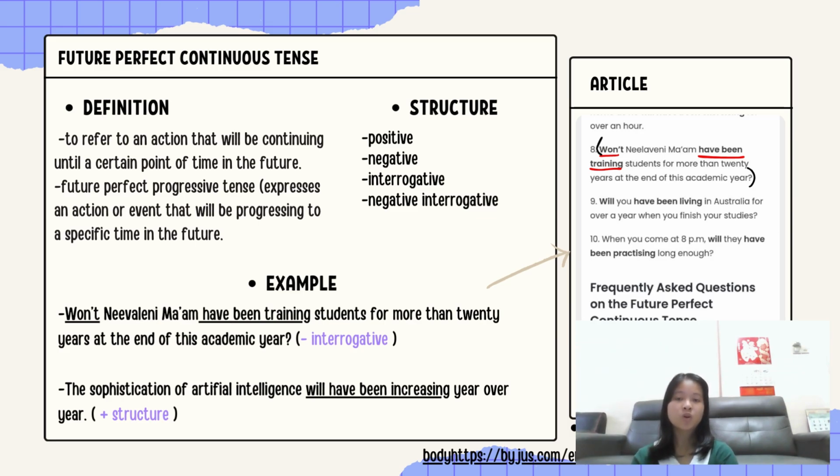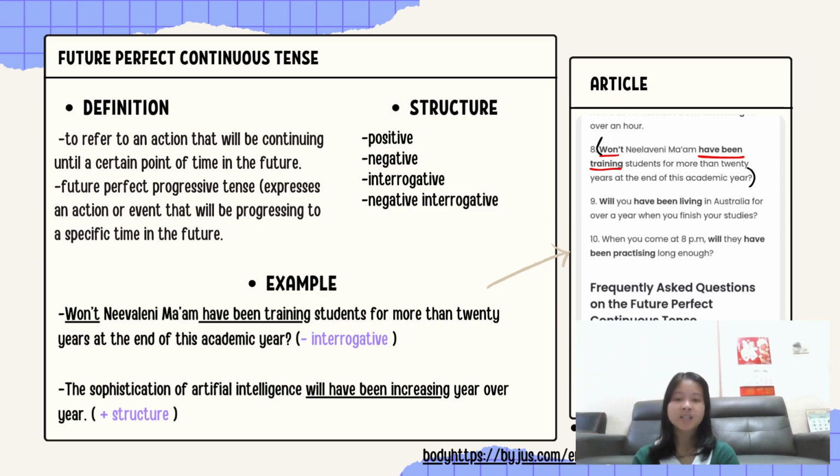And now we'll go through the example of sentences for the future perfect continuous tense. So the first example I retrieved from an article. Won't Nevalny ma'am have been training students for more than 20 years at the end of the academic year?